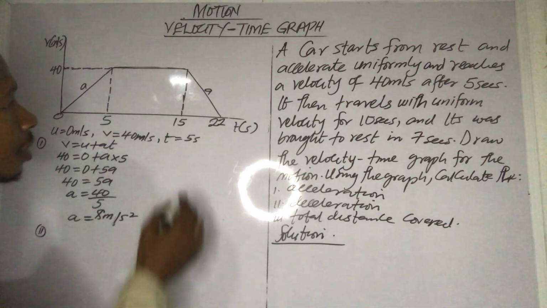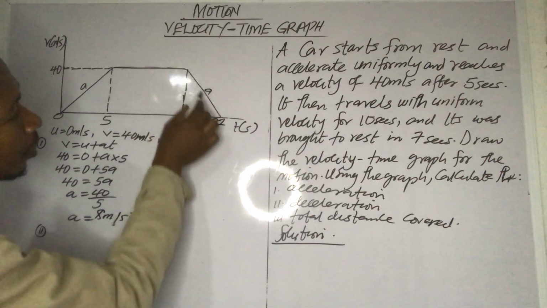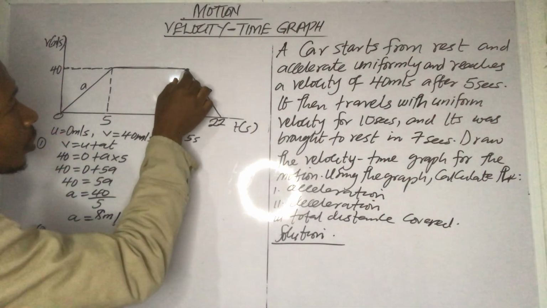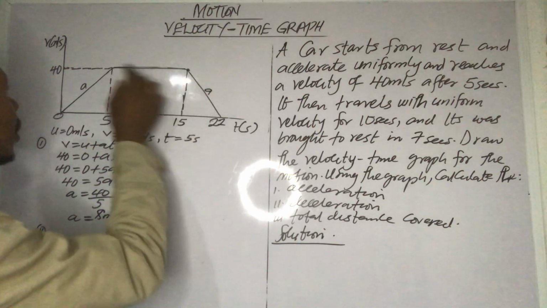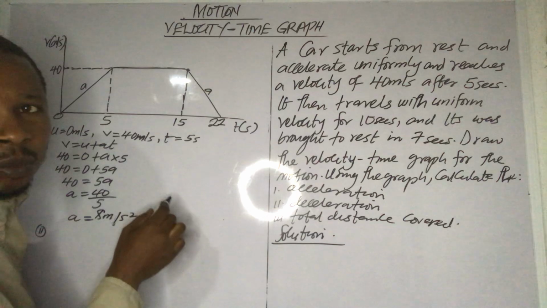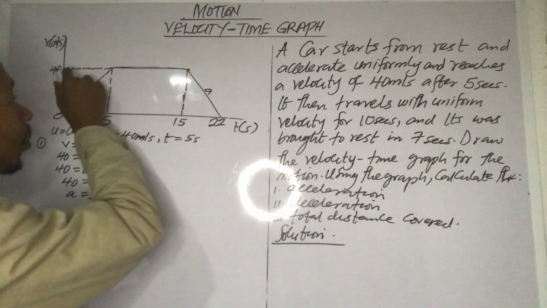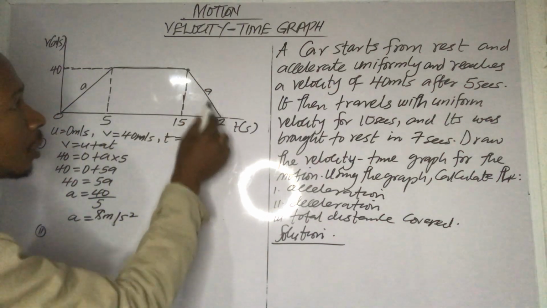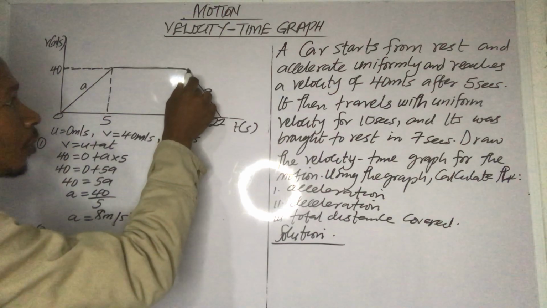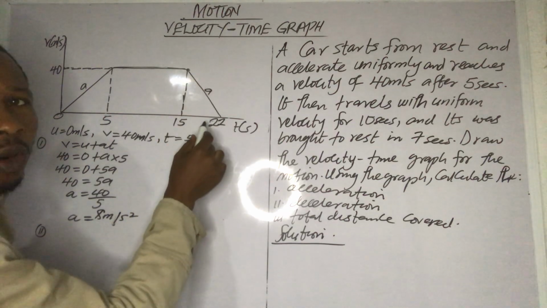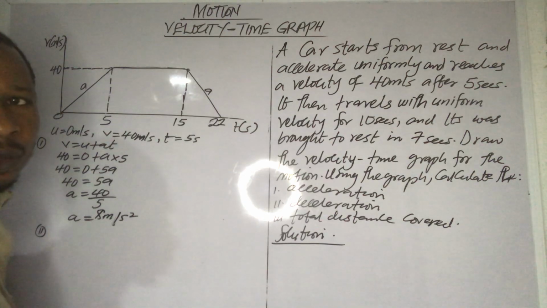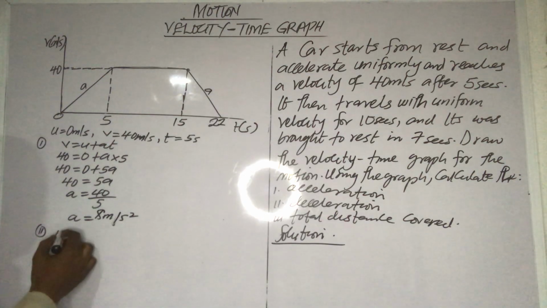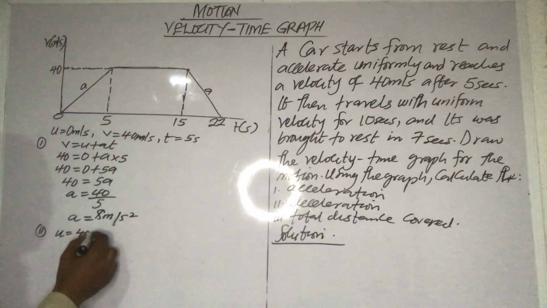Since the body is coming to rest from this place, its initial velocity is now 40 meters per second, because the body was traveling with a velocity of 40 meters per second before it comes to rest. Since the body comes to rest, its final velocity will be 0 meters per second. So for the second one, you have initial velocity u equal to 40 meters per second.